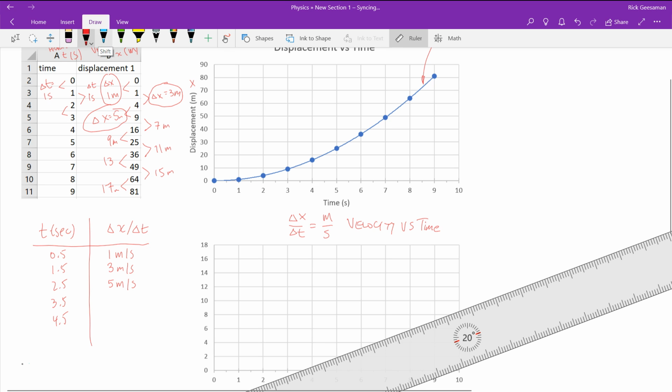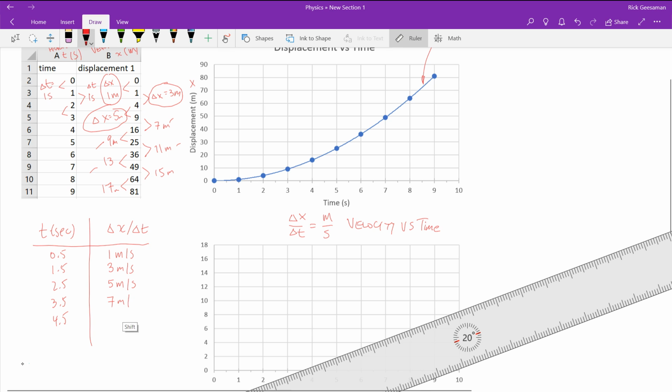Turns out 7, 9, 11, 13, every time our velocity is increasing by 2 meters per second over a 1 second interval. Because the change in the vertical axis is constant for every individual time interval, we have a linear graph.